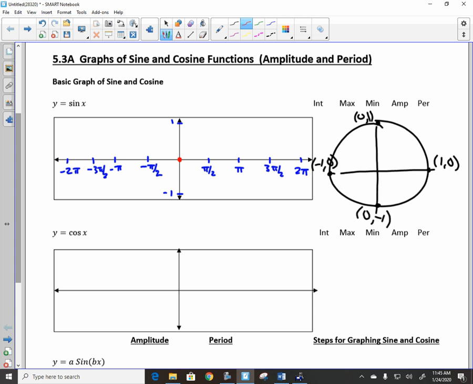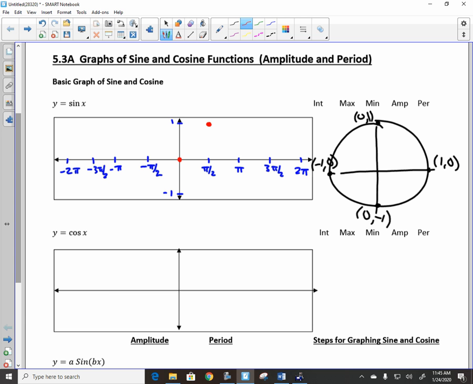Yeah, so this connection, I'm trying to help you make it. Hopefully it happens for you. The sine graph is simply just the y values of the unit circle. So we start off with 0, so it starts at 0. At pi over 2 or 90, it's at 1, so I go up to 1.